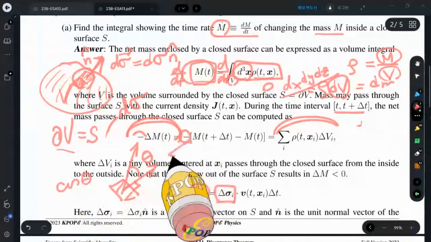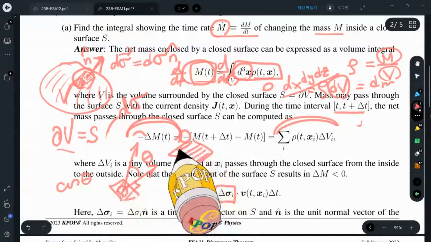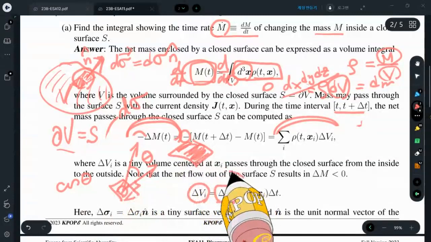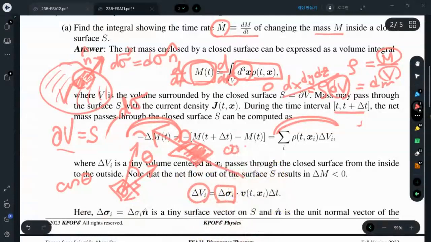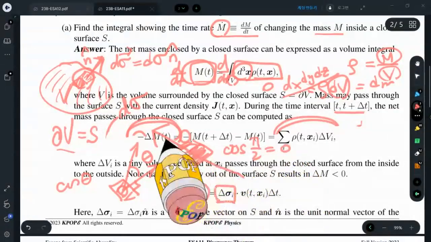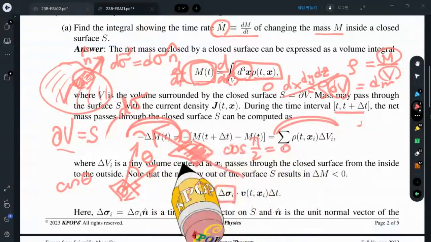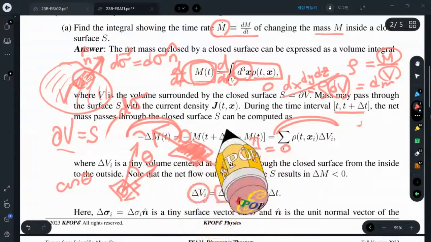For example, if the plate's area is in this direction, and the flow is parallel to this surface, then cosine of theta equals 0. That means it does not make any mass change.